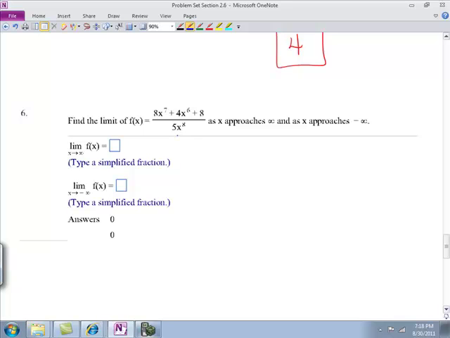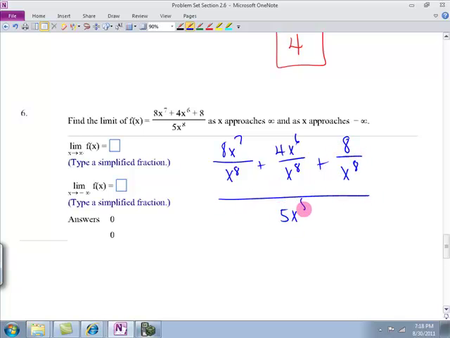But let's do the work and come up with 0 as the limit. That's going to equal 0 there, 0 there, 0 there, 5 on the bottom. You get 0 over 5, which is 0.